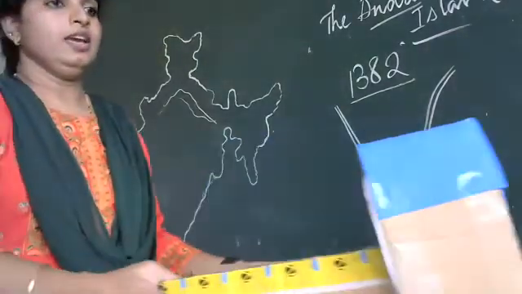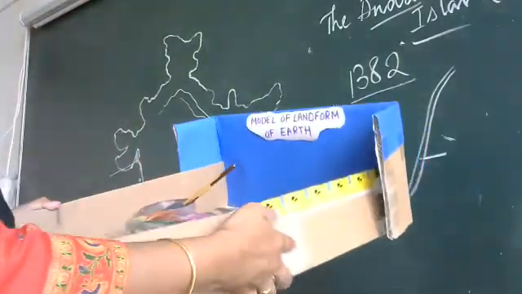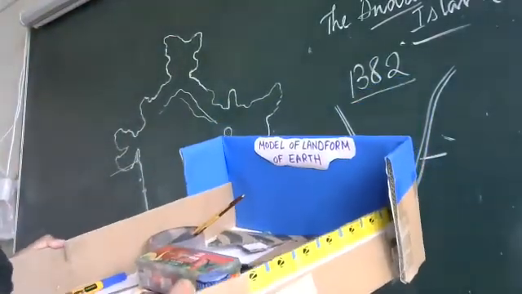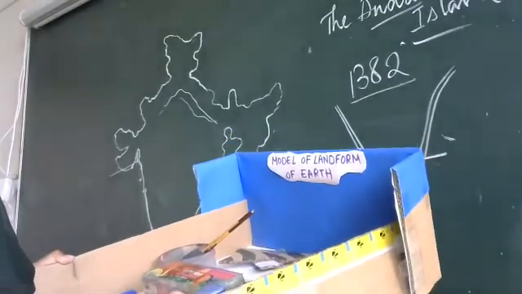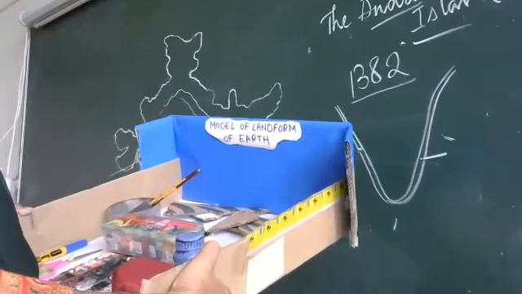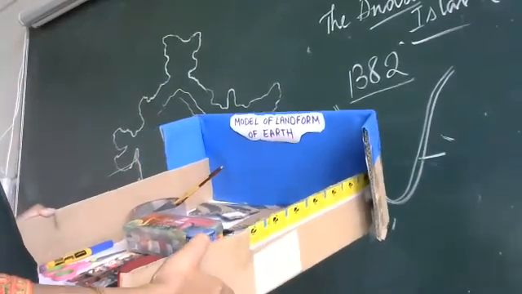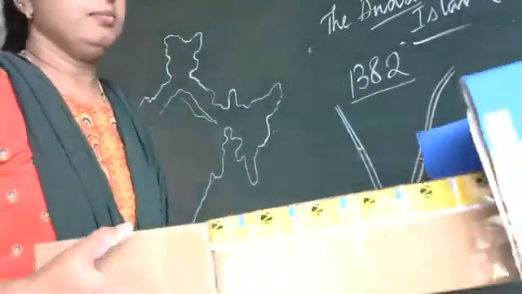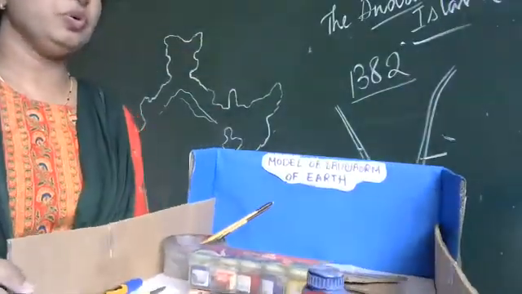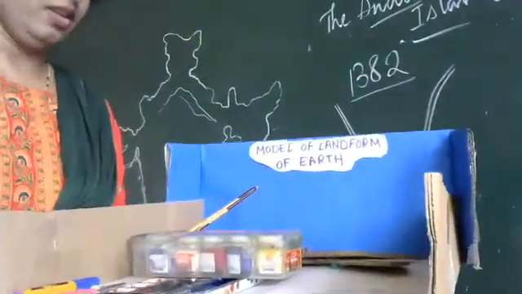See, children, in the next class, meaning after vacation, you all have to make a model of different types of landforms. Here I have done half. Actually I wanted to show this in this class but I couldn't. Maybe after vacation, if you all come to school, we will do this.